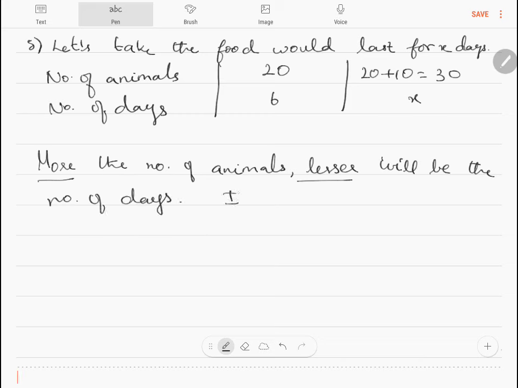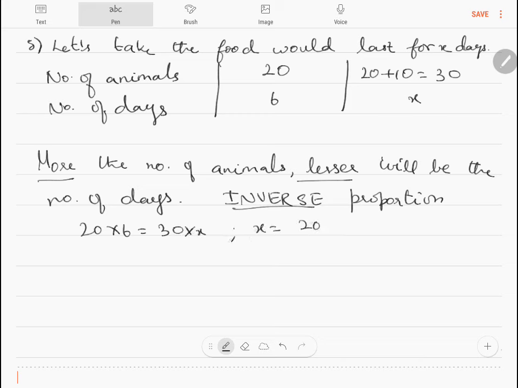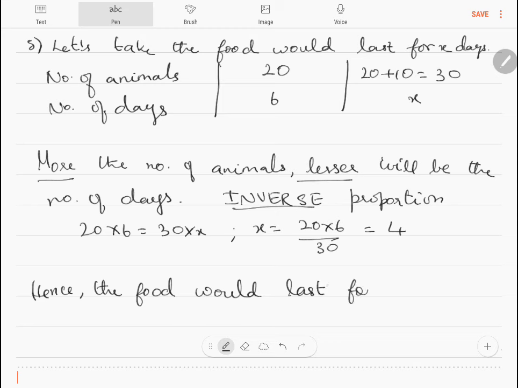So here it is the case of inverse proportion. 20 into 6 equal to 30 into x, or x is 20 into 6 by 30 is equal to 4. Hence the food would last for 4 days.